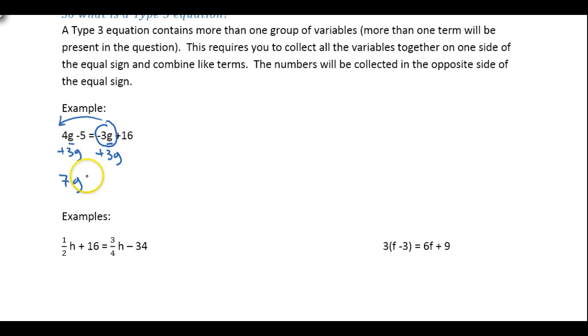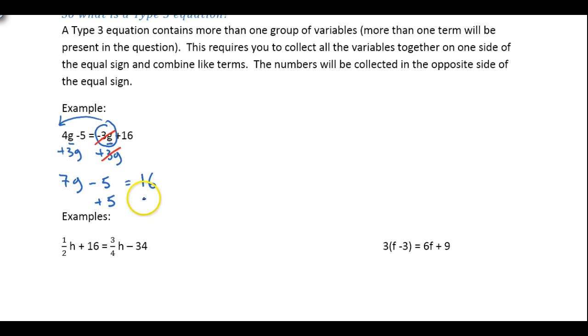Okay, let's see what we have now. That gets rid of the g's on the right. But I still have this negative 5 here, and the 16 here. Right now I've turned this type 3 equation into a type 2 equation, and I think we can all do this, but let me finish.